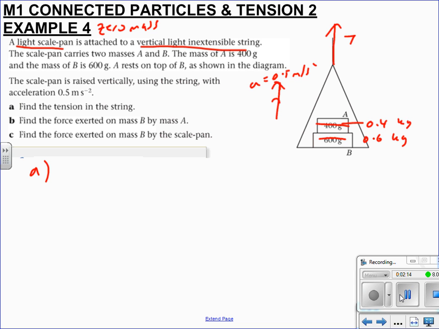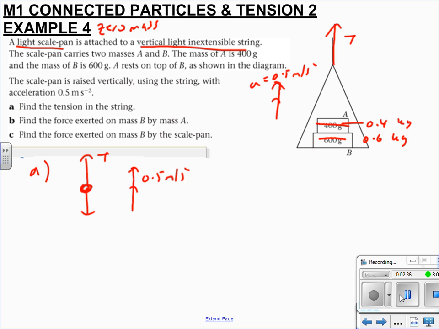Well, the string is carrying the whole lift and all of its cargo, isn't it? It has to take everything. So you can treat this as a single particle. Can you see? A particle that's moving as one with 0.5 meters per second squared acceleration going up.